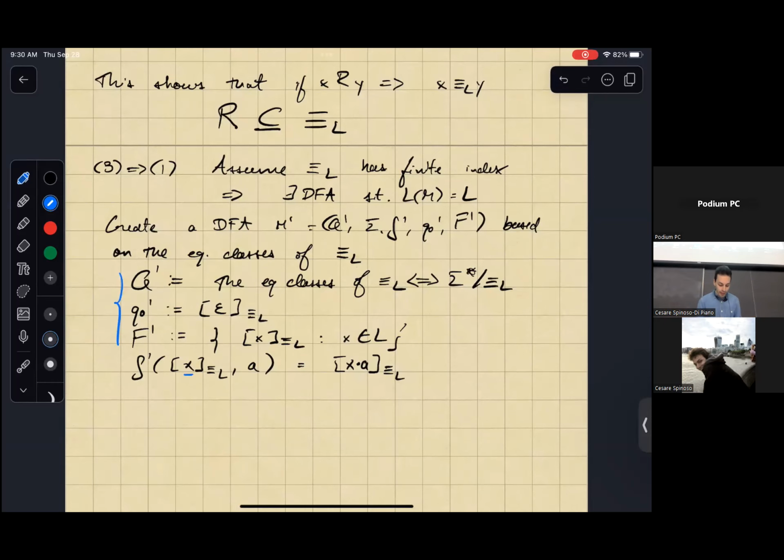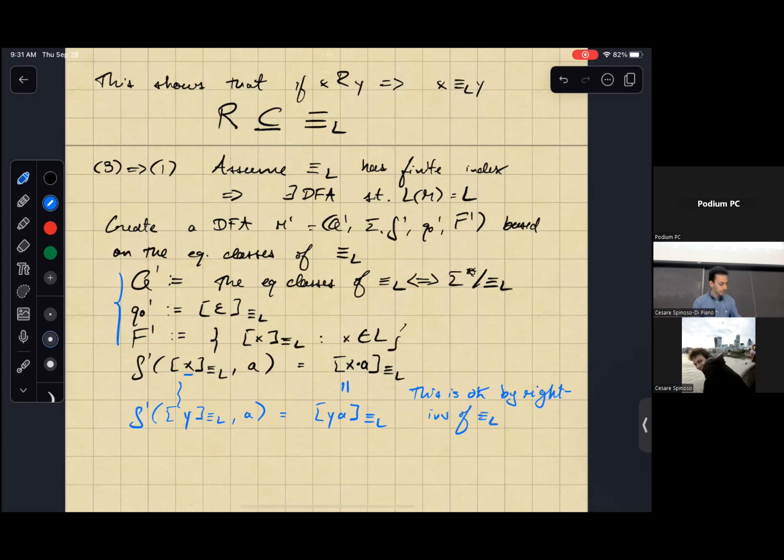But what if I had picked as representative y? Then this transition function tells me that if you get as input A, you'll return ya. It turns out that these two things are the same. Why are they the same? Right invariance, very good. So this is okay by right invariance of the Myhill-Nerode relation. Good, excellent.